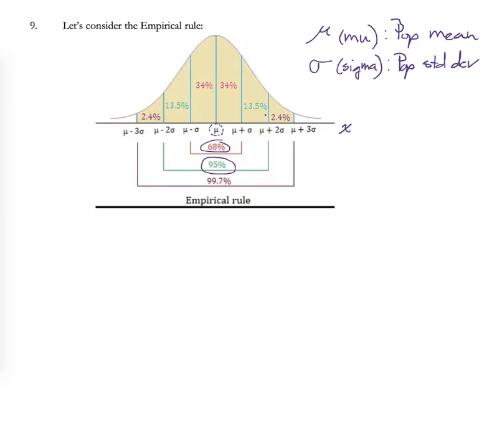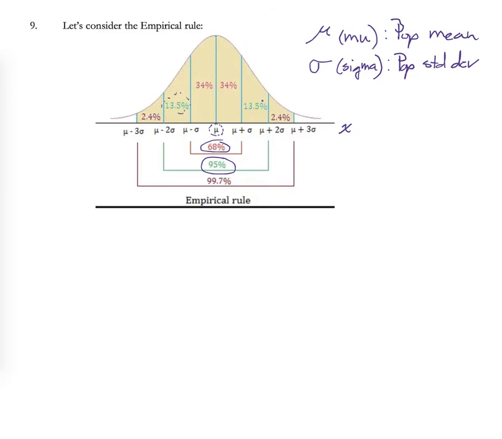Now, where did these 13.5s come from? Well, it's a total of 95% of our data. 68% was already within 1 standard deviation. So 95 minus 68 leaves 27% of the data to be split on each side.